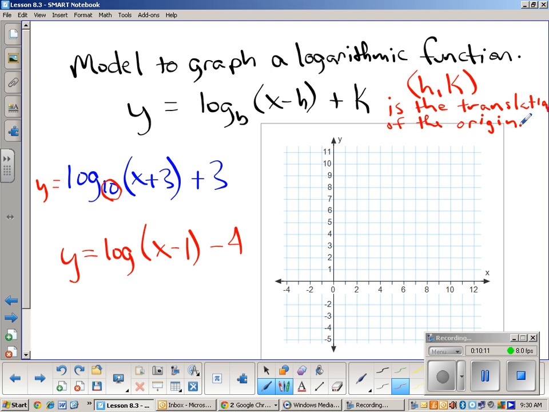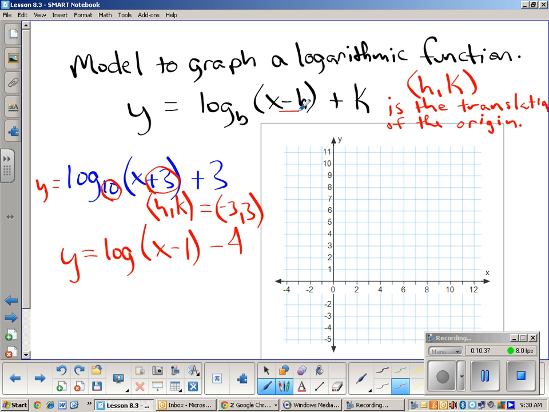So in this case, what is my (h, k)? -3 and 3. Nice. She said -3, 3. Because that's a plus, and in the model it's a minus, she recognized that h must be a negative number. Minus a negative becomes plus 3, right? And so that becomes a -3.